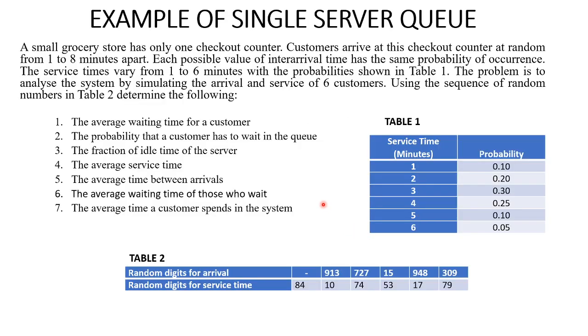All right, so this example says that a small grocery store has only one checkout counter. Customers arrive at this checkout counter at random from 1 to 8 minutes apart. Each possible value of inter-arrival time has the same probability of occurrence.